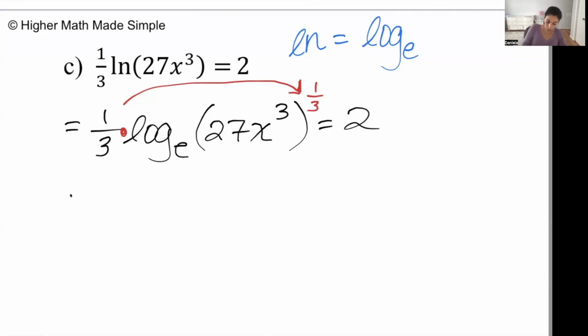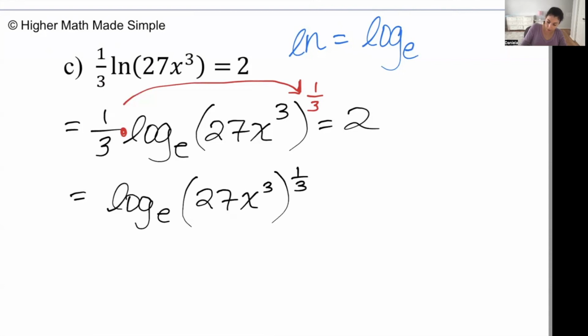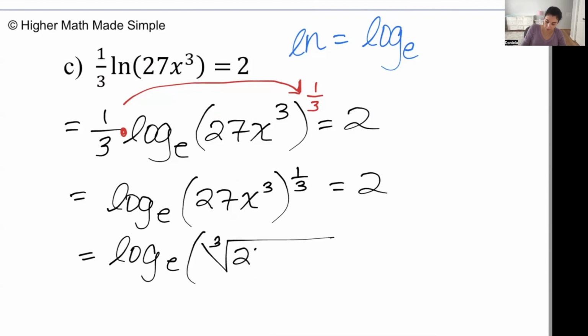So this is equal to log base e of 27x cubed raised to the 1/3 power. If you remember, when you have a fraction in an exponent, that converts to a root. So raising something to the 1/3 power is the same thing as taking the cube root of that base. The entire base was 27x to the 3rd.